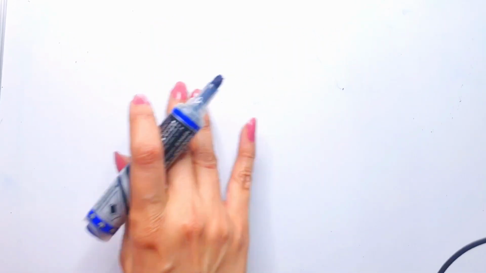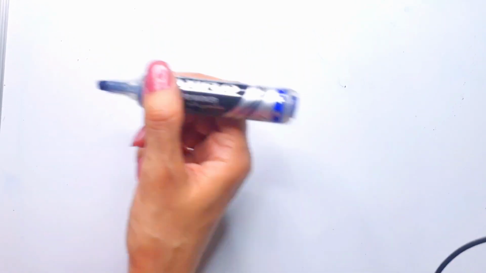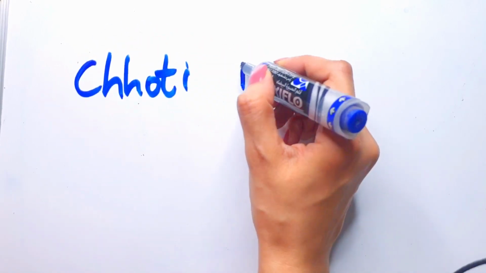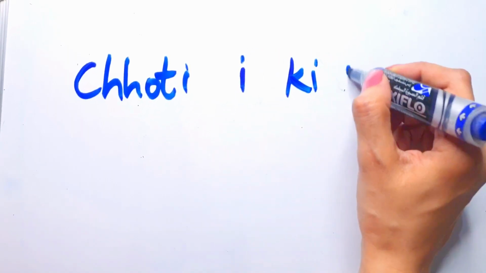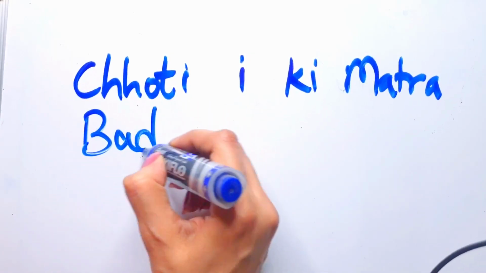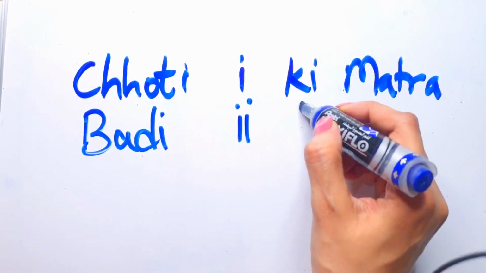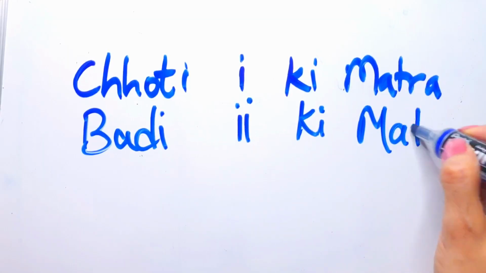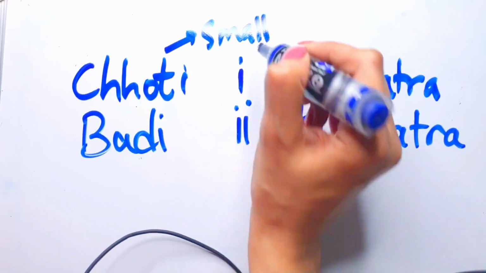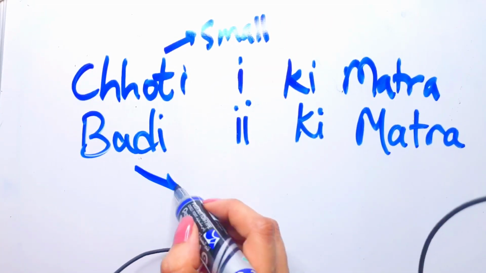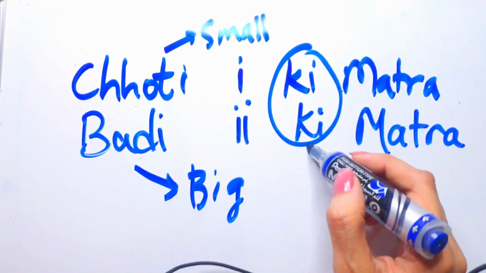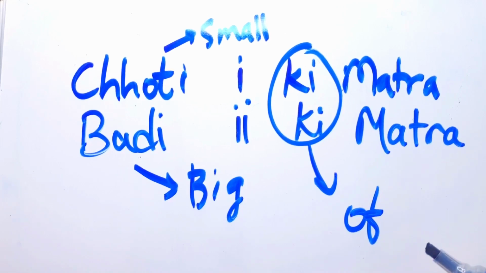By the way, when I say choti e ki matra, right? So if I write it, it will become choti e ki matra and badi e ki matra. So, choti means small, badi means big, ki means of, right?